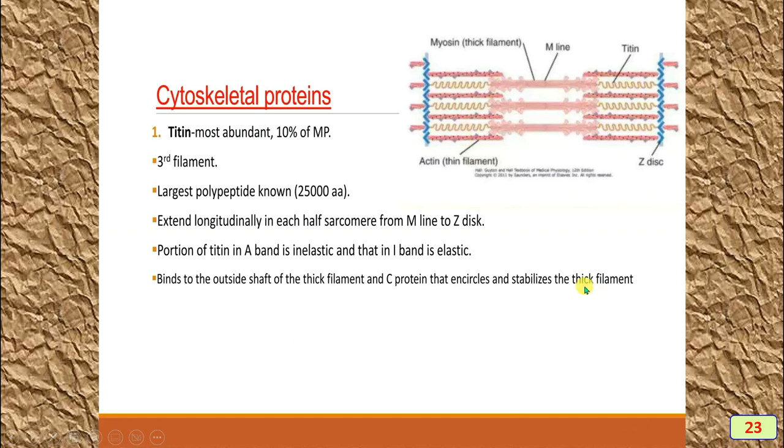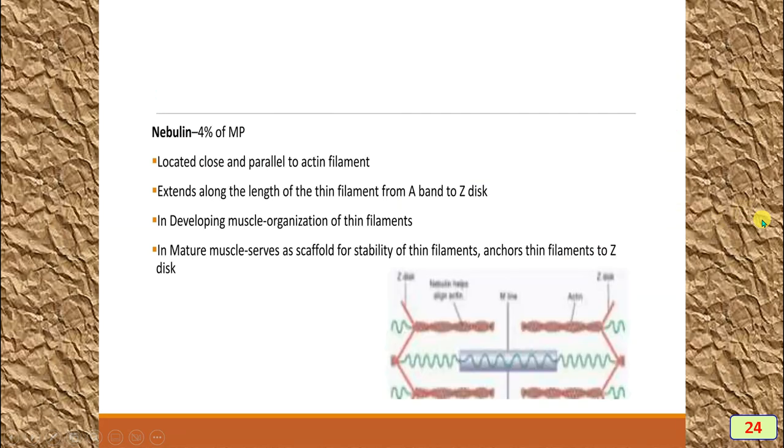So, actin thin filaments extend longitudinally in each half sarcomere from M line to Z disc, and the portion of titin in the A band is inelastic and that in the I band is elastic. It binds to the outside shaft of the thick filament, and C protein encircles and stabilizes the thick filament.